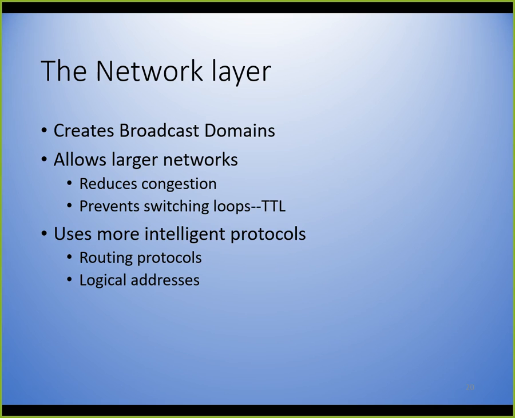Layer 2 has no way of stopping packets except for this protocol that took us so long to get on. It's called the spanning tree protocol. A switch has, and we saw in the Wireshark, the TTL, the time to live.